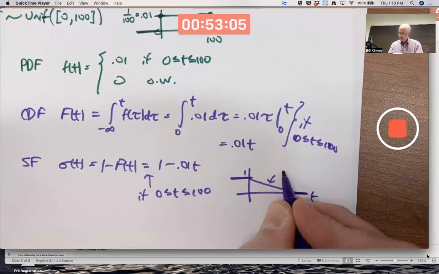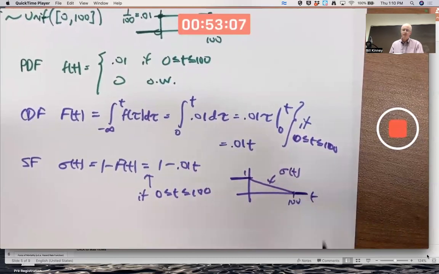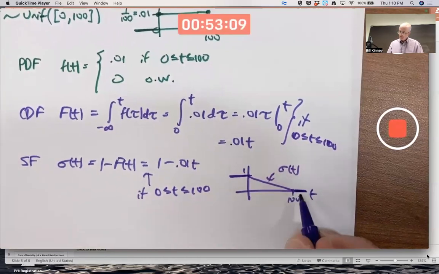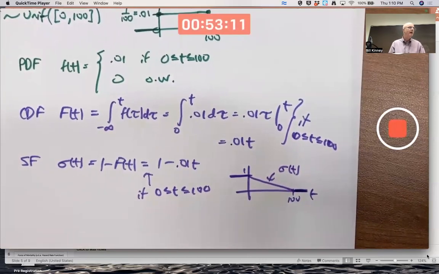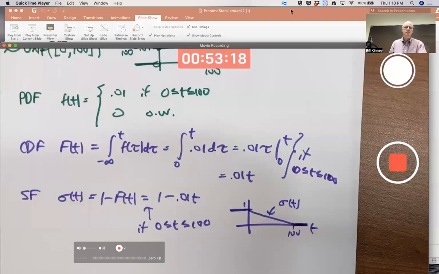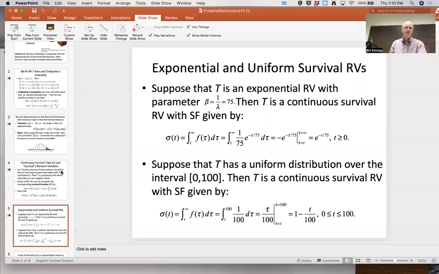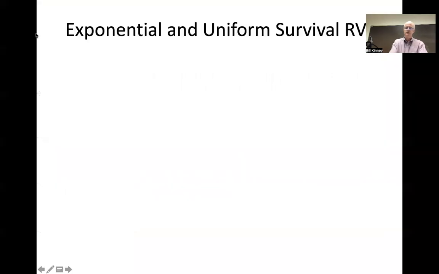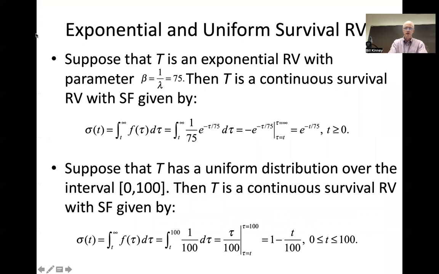That's sigma of t for this model. And that's what I've got here, except I used fractions. It's equal to 1 when t is negative, and it's equal to 0 when t is bigger than 100 as well. I could write it in a piecewise way.